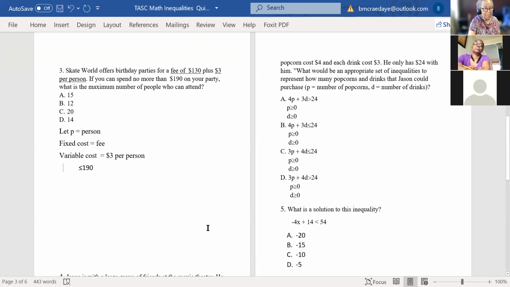If P represents the number of persons, then, okay, let's see. P is the number of people attending, because they said the maximum number of people who can attend the party.